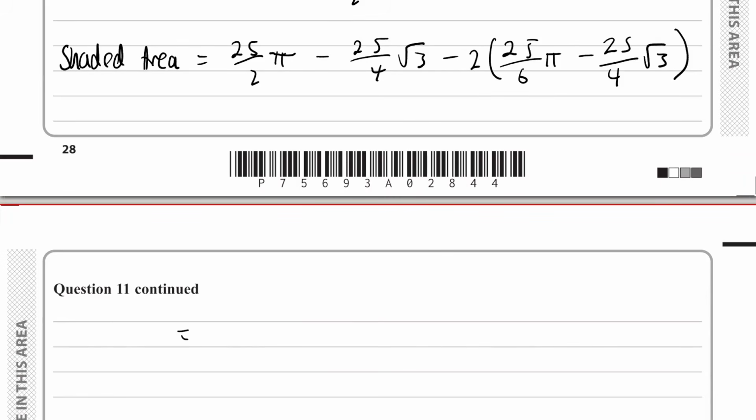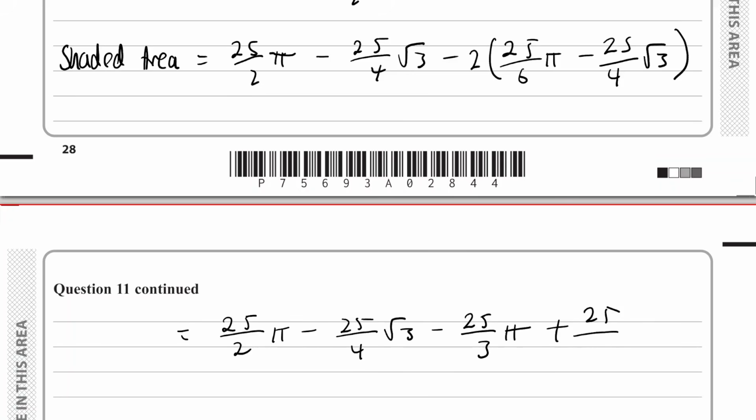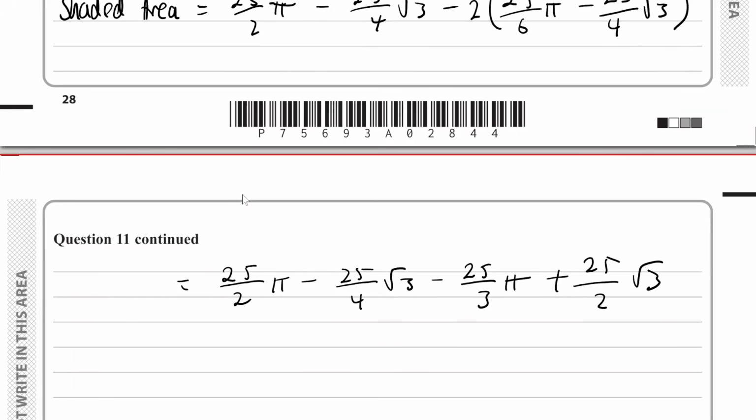Let's expand the bracket first. So 25 over 2 pi minus 25 over 4 root 3 minus 50 over 6 or 25 over 3 pi plus 25 over 2 square root 3. So we've got 25 over 2 minus 25 over 3 pi's.